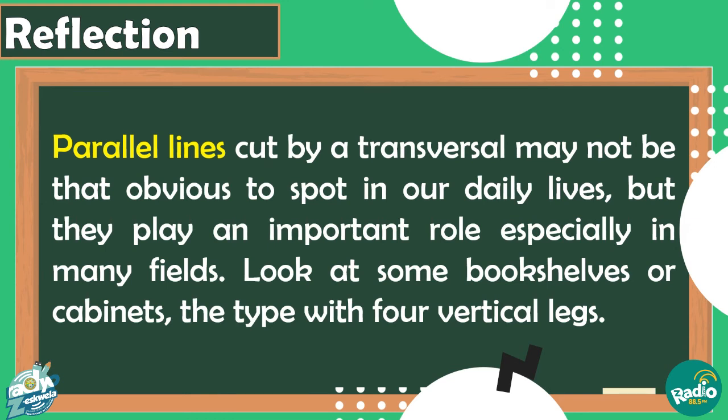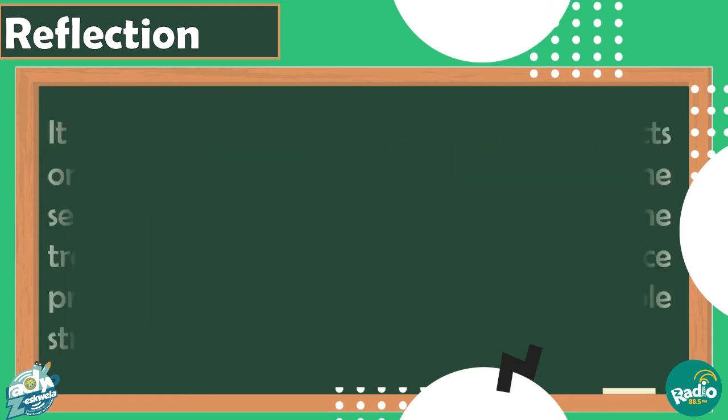Parallel lines cut by a transversal may not be that obvious to spot in our daily lives, but they play an important role, especially in many fields. Look at some bookshelves or cabinets, the type with 4 vertical legs.